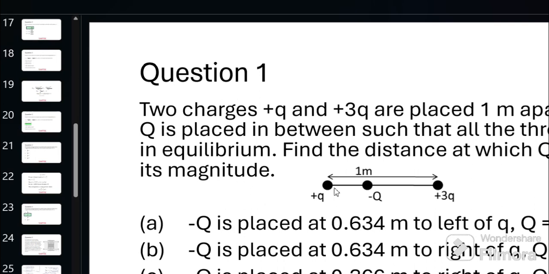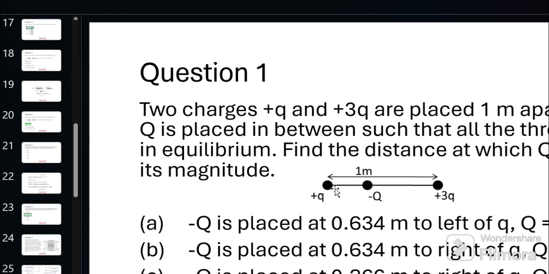The charge minus Q is placed in between them such that all 3 charges are in equilibrium. Find the distance at which Q is placed and its magnitude.